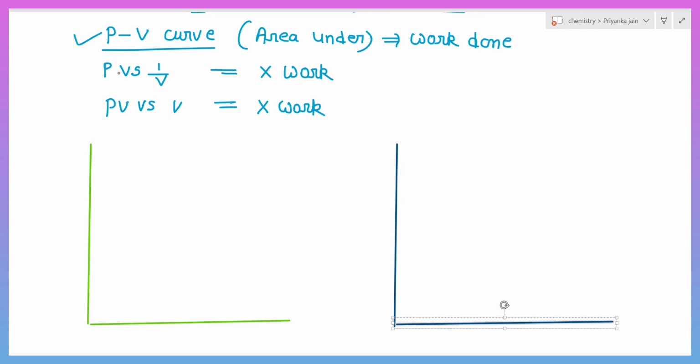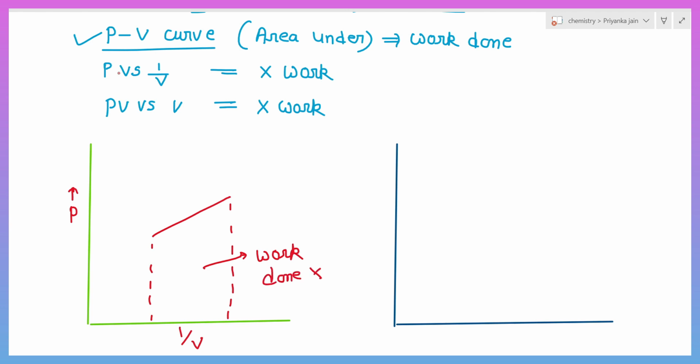See here. Suppose you are given this type of curve between P and 1 upon V, then you will get a straight line. But if you suppose that the area under this straight line is work done, no, this area cannot be equal to work done.